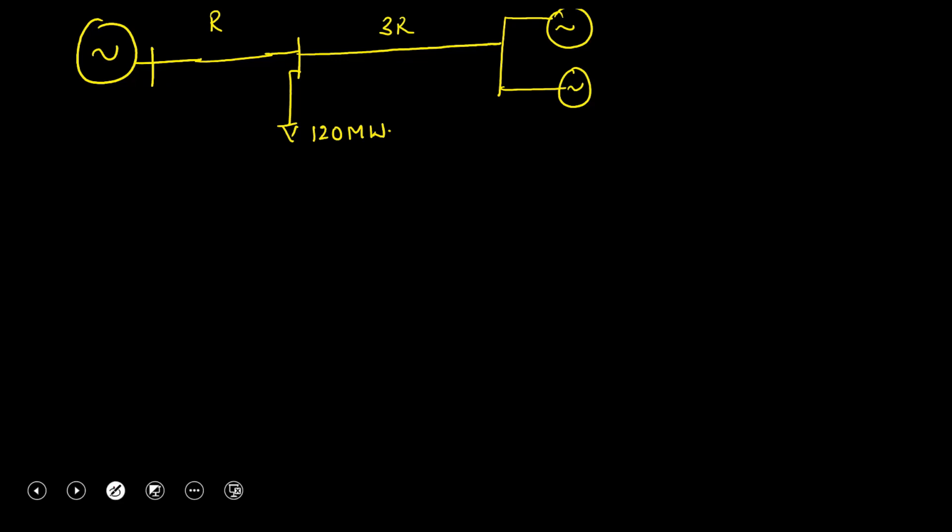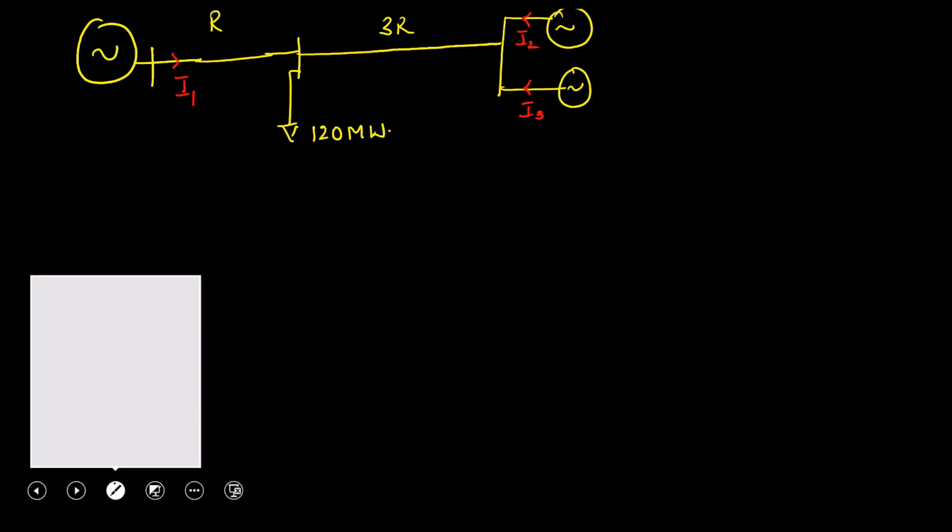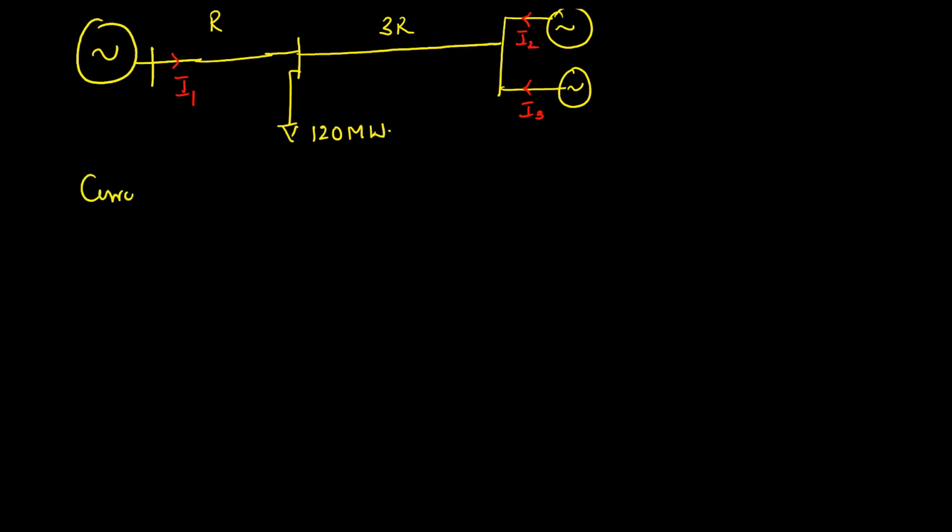Let the current fed by this generator be I1, the current fed by this generator be I2, and the current fed by this generator be I3. The current fed by a generator is directly proportional to the power produced by the generator because the voltage is constant.